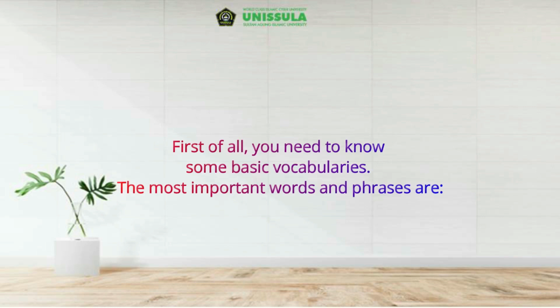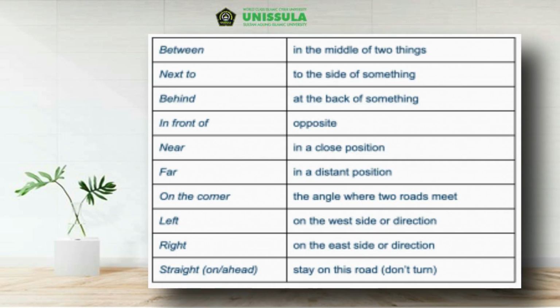First of all, you need to know some basic vocabulary, or the most important words and phrases. Take a look at this box. Between, next to, behind, in front of, near, far, on the corner, left, right, straight on, ahead.